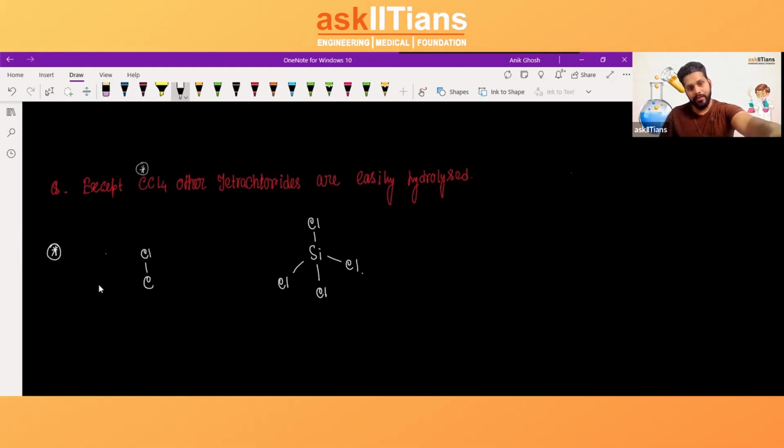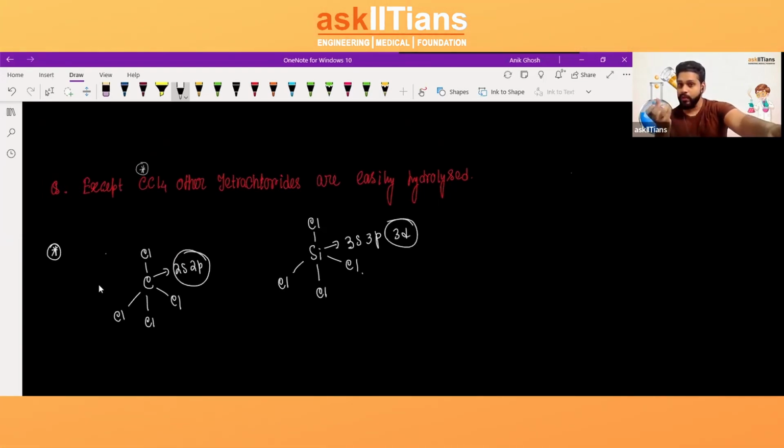Now, guys, the main difference between CCl4 and SiCl4 is that carbon is 2s2p, right? It doesn't have any d orbital. All the orbitals are taken for this bonding. Now, Si is 3s3p. That means it has a 3d orbital. So remember that the 3d orbital is all vacant. As a result, there is a place where they can accommodate the lone pair of water for the hydrolysis process.